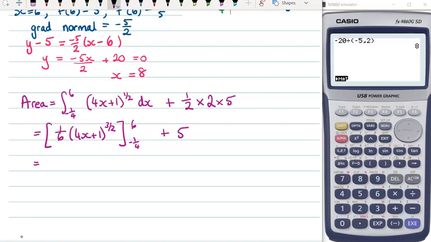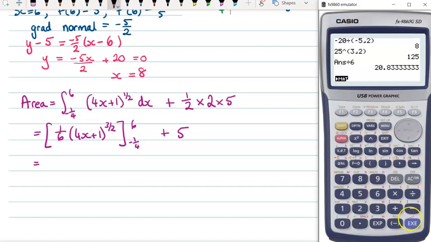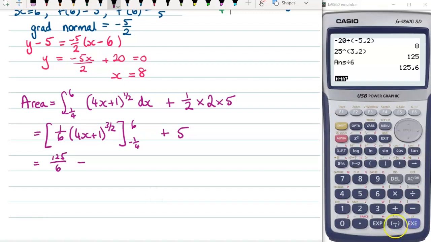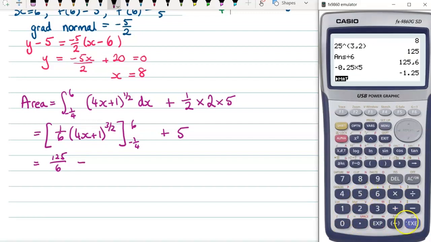Okay, so let's put 6 in. So 4 times 6 plus 1 is 25. 25 to the power of 3 over 2 is 125, and divided by 6 is not so easy to work out. Let's just pop that in as 125 over 6. Now minus a quarter, I'm going to do minus 0.25, times it by 4, plus 1.